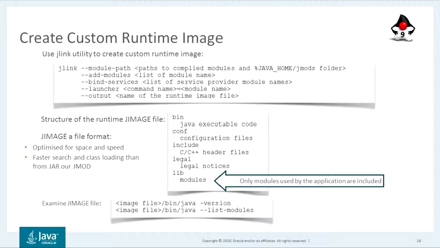And the interesting thing is that you would not package the entire collection of your classes, but just those that are listed in module dependencies. So in other words, you would have better control over the size of that runtime image. You can specify only those modules that actually need to be packed there.